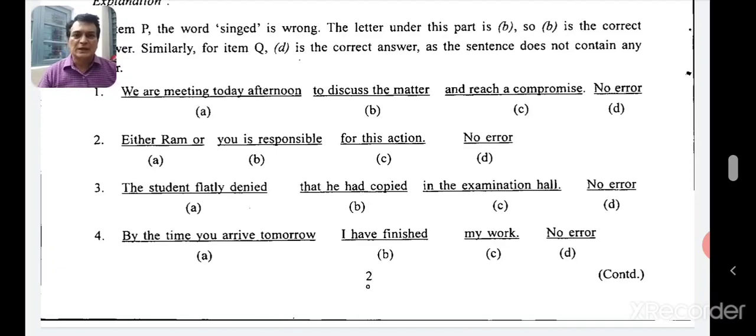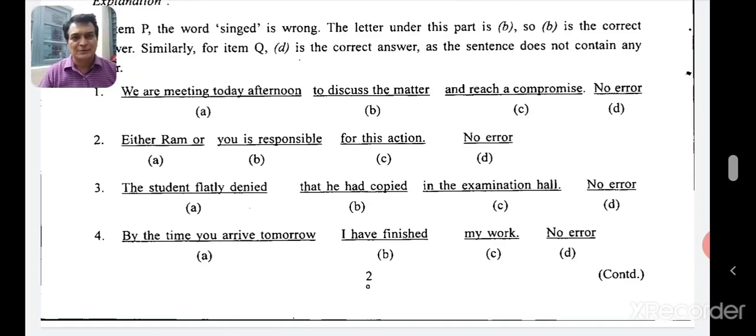Now let's go to the second example. Either Ram or you is responsible for this action. Now here you see either-or is used. Whenever either-or is used, you have to find out what is the second subject. And what is the second subject? You. And after you, what is given there? Is.